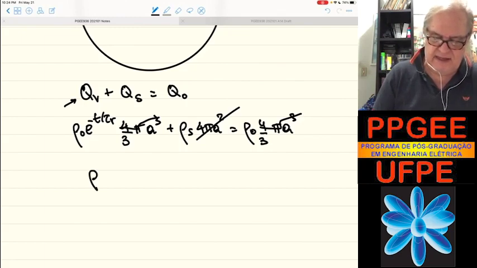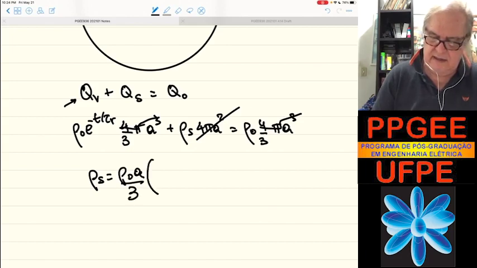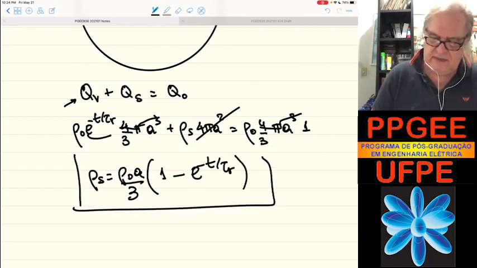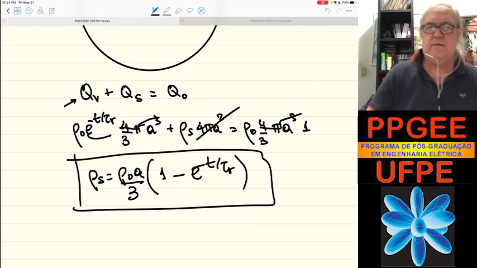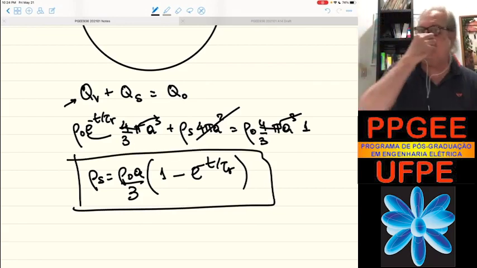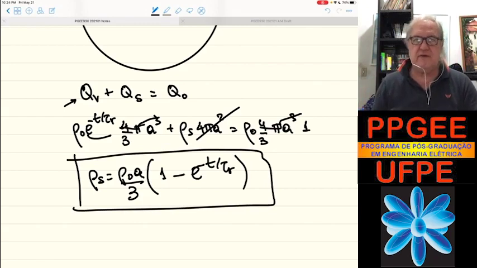So you have rho s equals rho 0 a over 3 times 1 minus this exponential factor. That's what we obtain, right? So principle of charge conservation or boundary conditions, you have to get the same results.